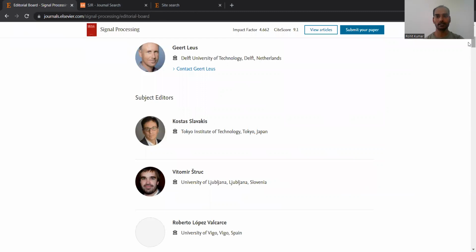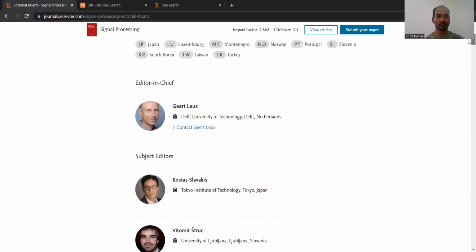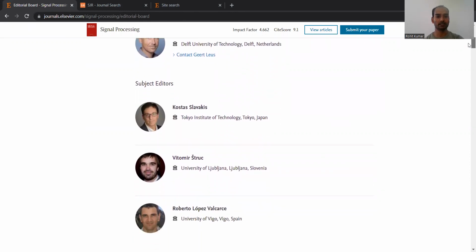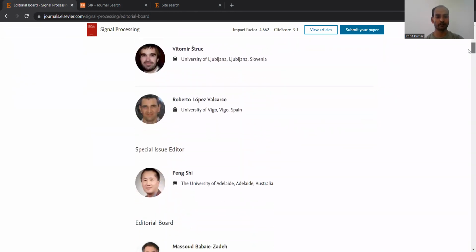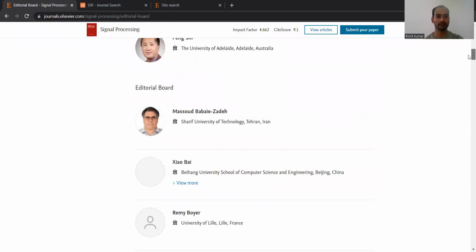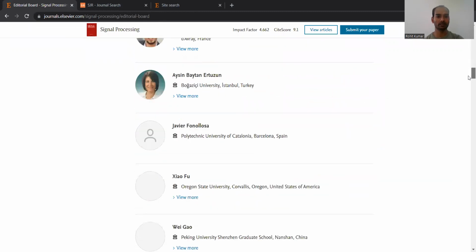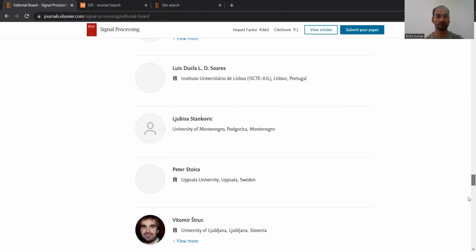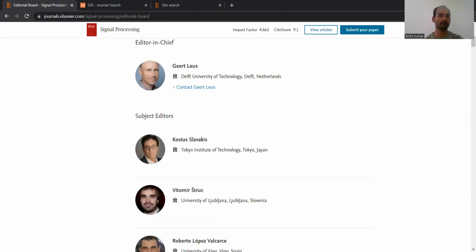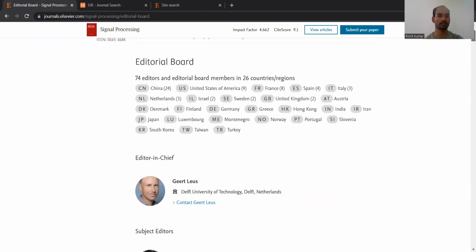Coming down, you will see that Gaëtan Leus is the editor-in-chief. Then there are three subject editors, one special issue editor, and then the editorial board members. There are so many board members, 30 to 40, or more than 40, I think.